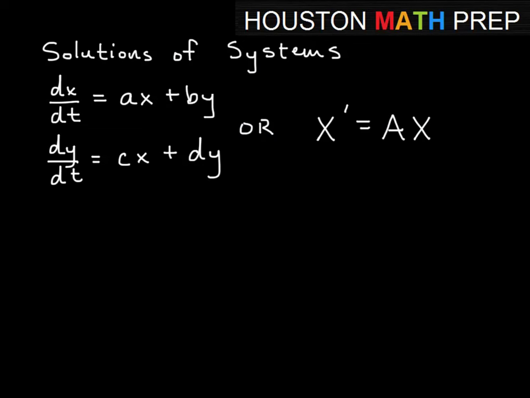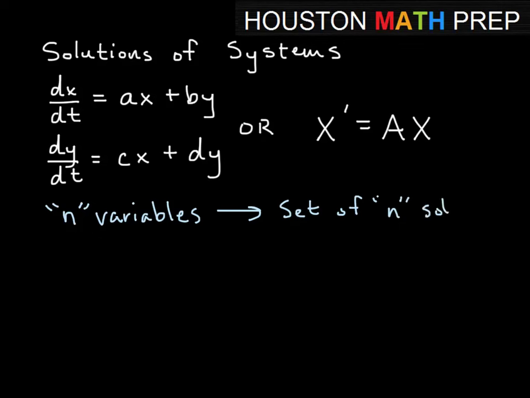And the idea is if we have n variables that depend on t, so here we have x and y, so in the cases we've been doing so far this is 2 variables, right? Then it turns out that what we'll get is a set of n, so the same number. If we had 2 variables, it would be 2 solutions. If we had 10 variables, 10 solutions, right? A set of n solutions.